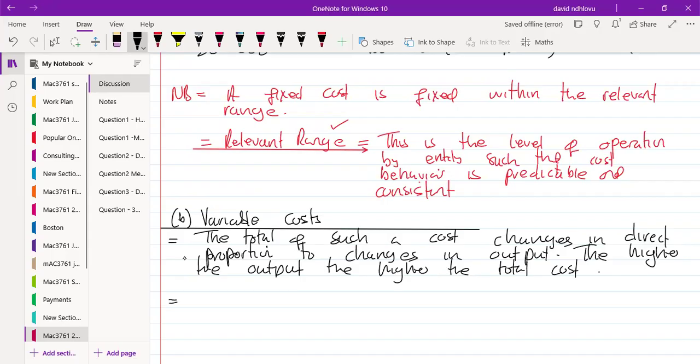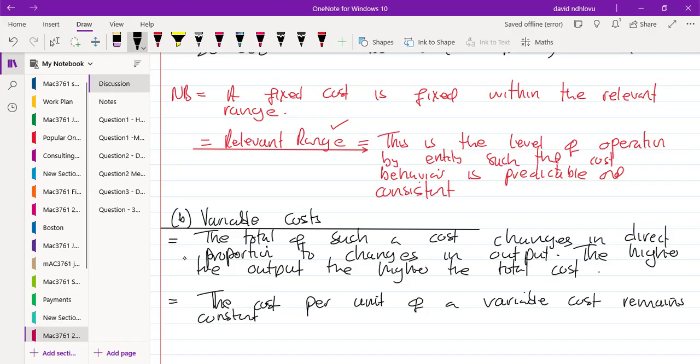Right, however, we should be very clear, the cost per unit of a variable cost, which is the cost of one unit, remains constant as output changes.